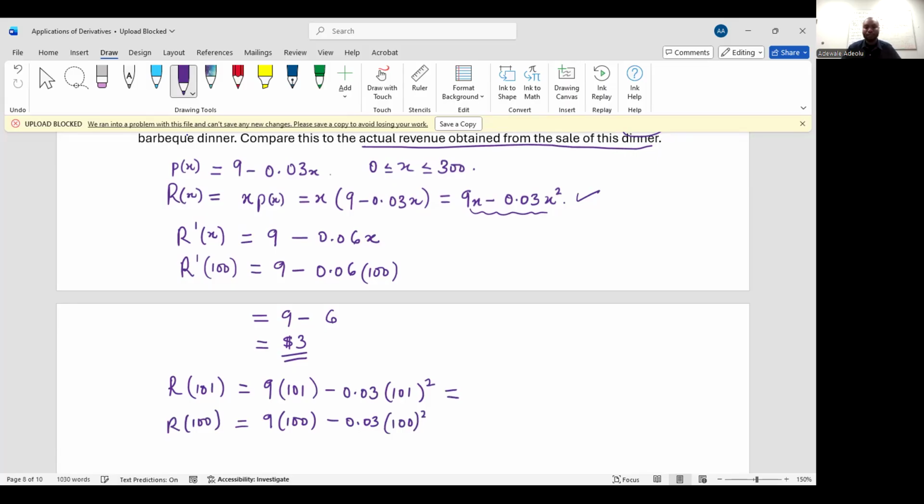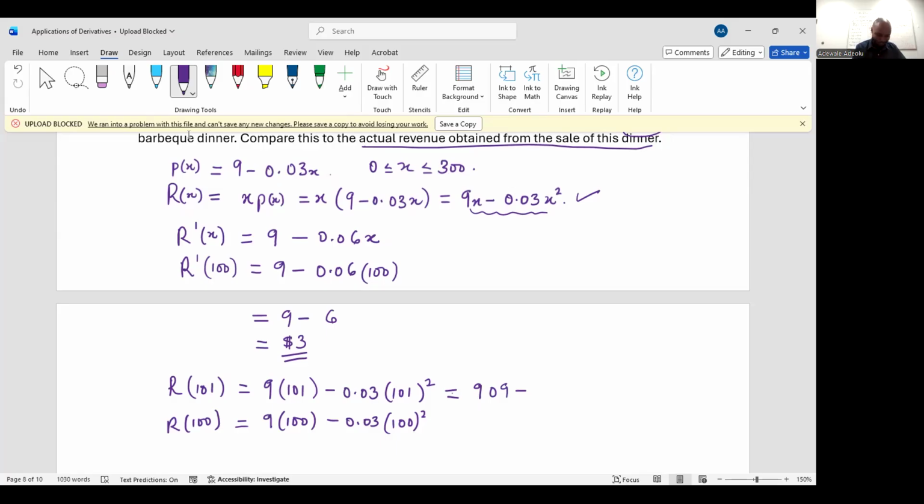So this will give us, oh my gosh, that is 909 minus 101 squared times 0.03.